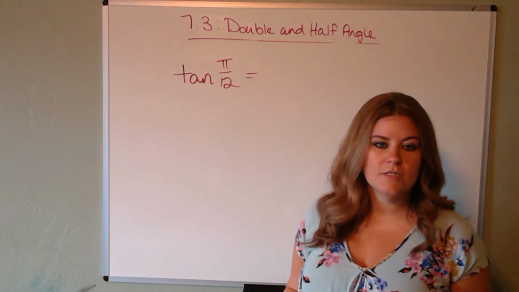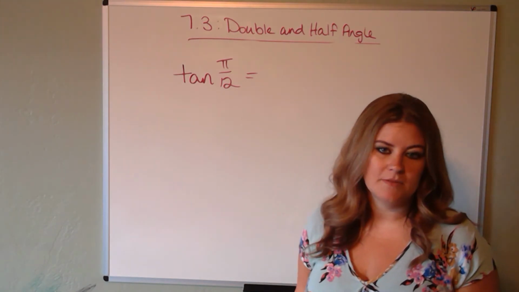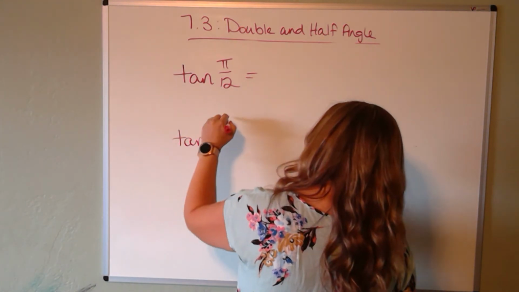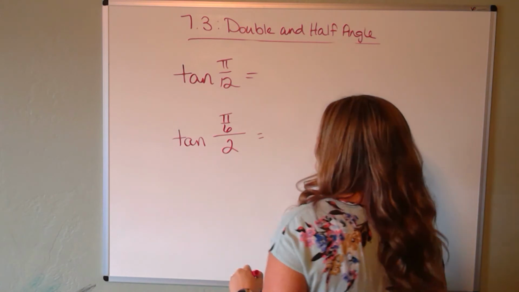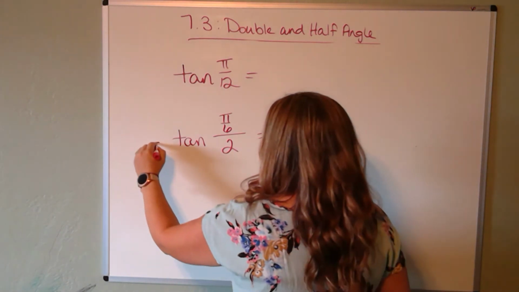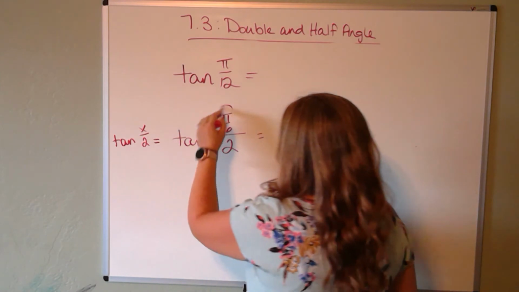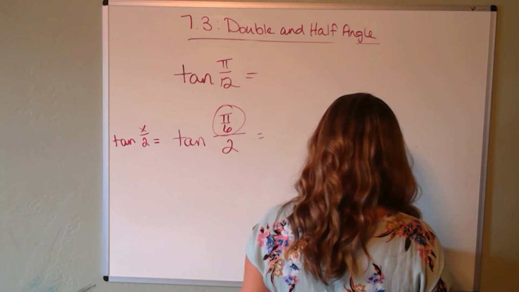Doesn't matter which version you use, it really doesn't. Both of them end up being about the same difficulty. So I'm looking for the tangent of pi over 6 over 2. Tangent of x over 2, right, where x is pi over 6. What is the tangent of a half angle?